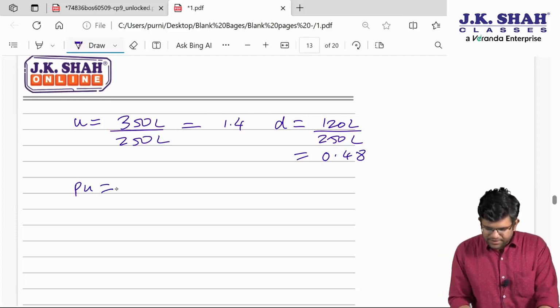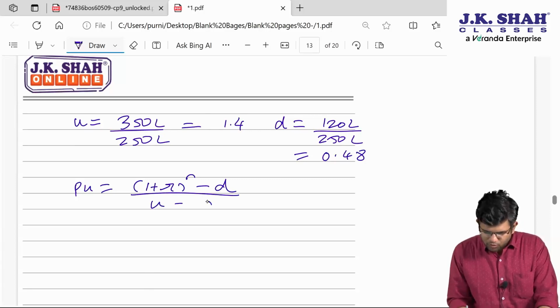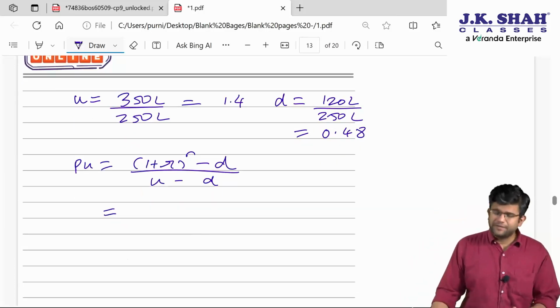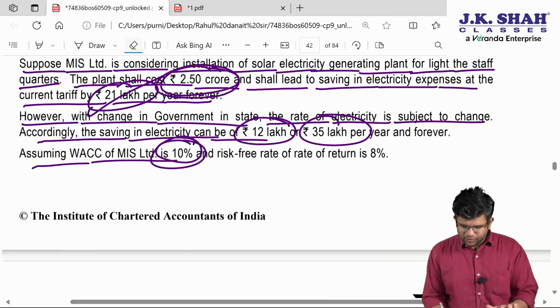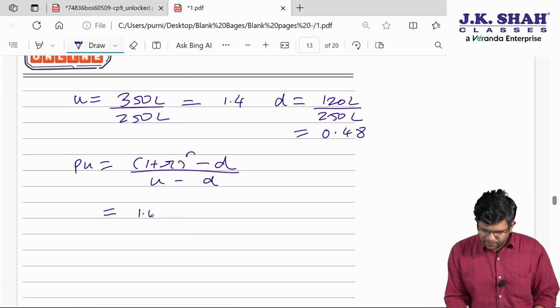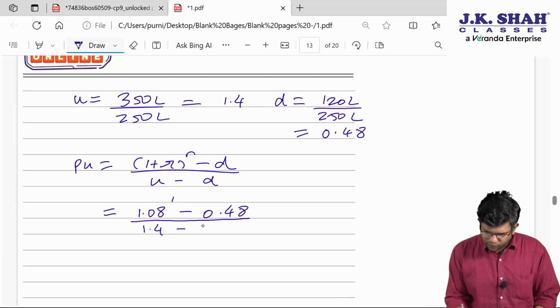Can I say PU is equal to (1 plus R raised to N minus D) upon (U minus D). So now we'll do 1 plus R raised to N. R is the risk-free rate. The risk-free rate given to you in the question is, can I say 8%? So I'll write here 1.08 raised to 1 minus 0.48, the whole upon 1.4 minus 0.48.